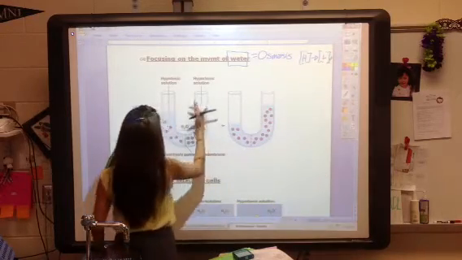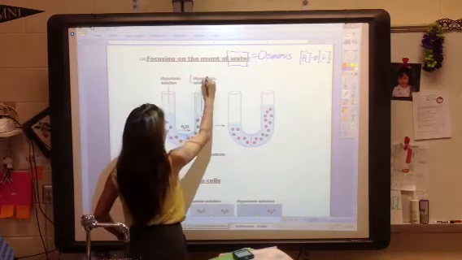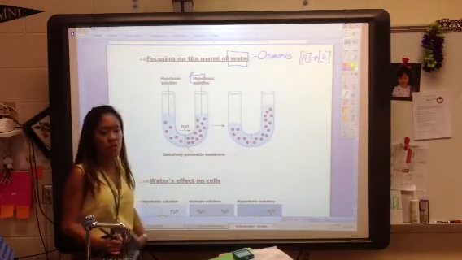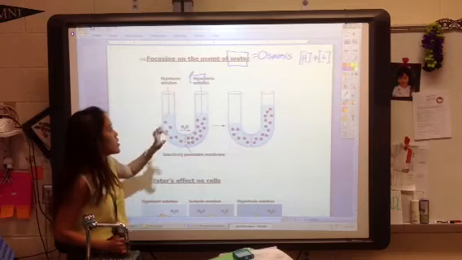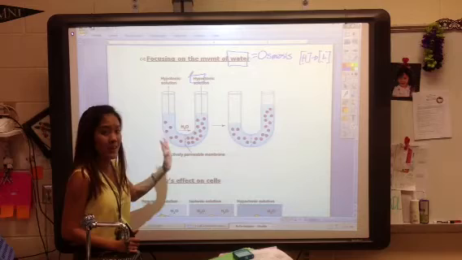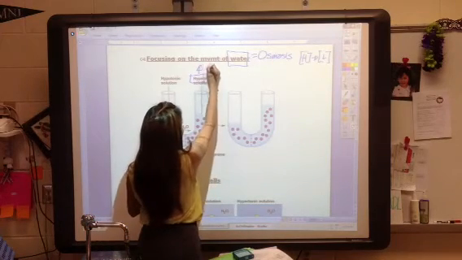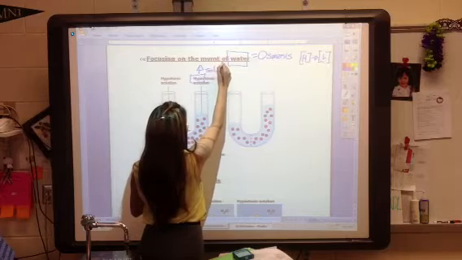So here you have an example of this U-shaped tube. On one end you have a hypertonic solution, a solution of solutes plus water. Hyper, think of someone being really hyper, high on sugar, okay? So that means you're going to have a high concentration of solutes.